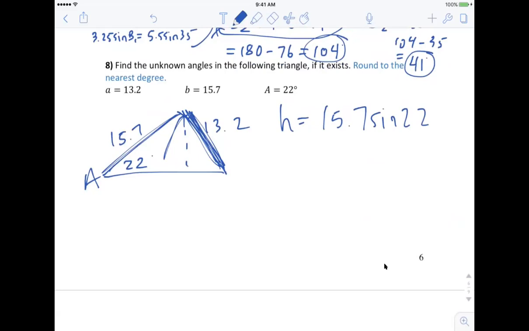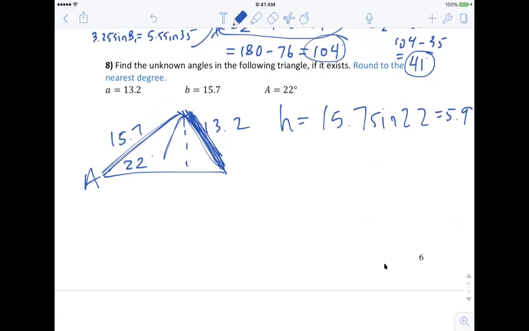15.7 sine 22 is 5.88. Let's call it 5.9. Okay, so this is definitely long enough, right? So again, we're gonna have that 2 scenario case. We'll run through one more.